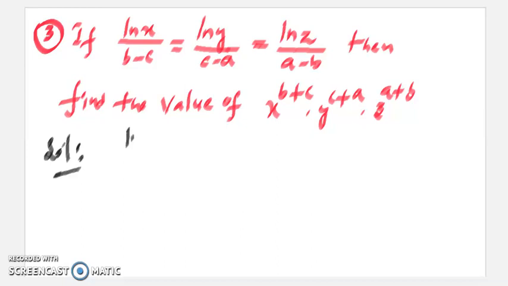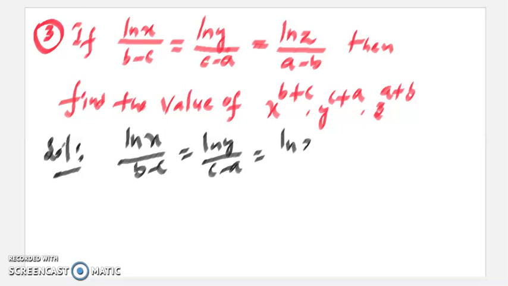Given ln x by b minus c is equal to ln y by c minus a is equal to ln z by a minus b is equal to some constant k, assume.